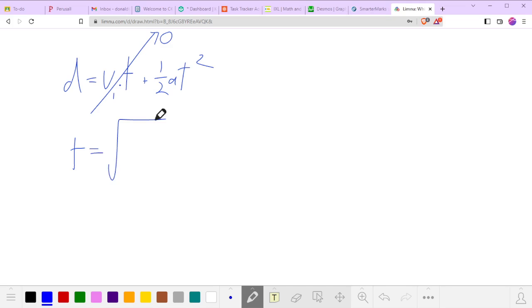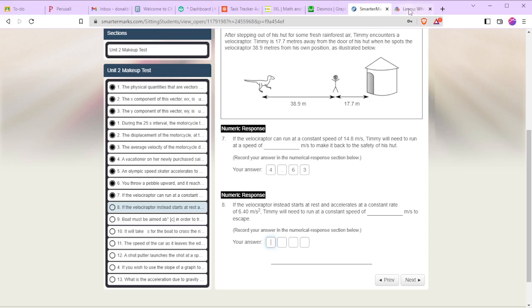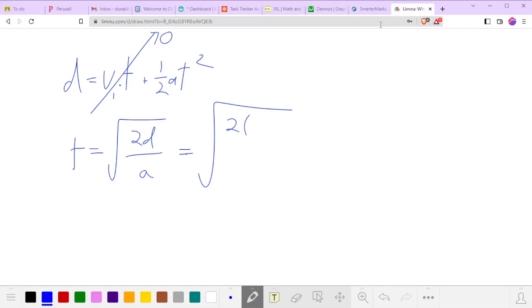So here I'm going to go back to our whiteboard. Our d is vi t plus 1/2 at squared when the velociraptor is starting from rest. So we manipulate the algebra. We get the time is the square root of 2d over a. That distance is still that 38.9 plus 17.7.